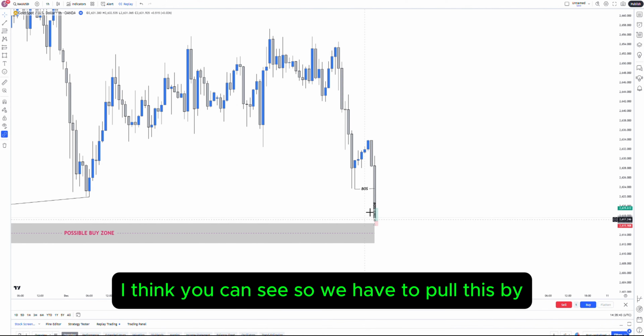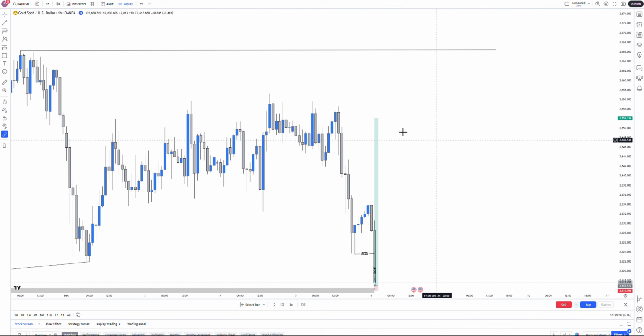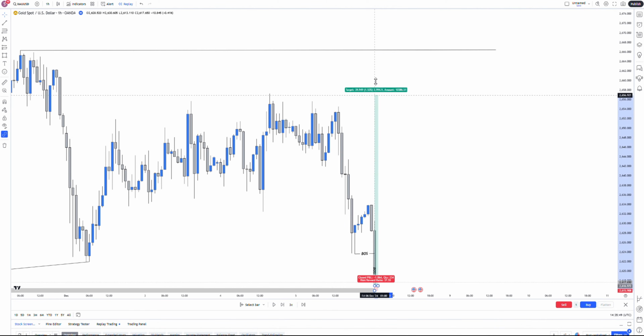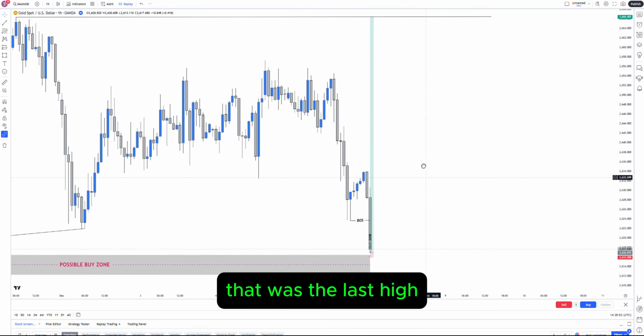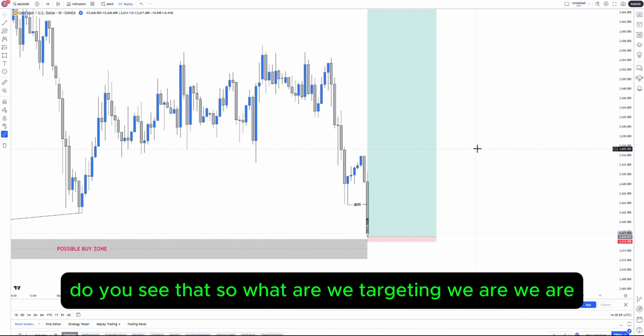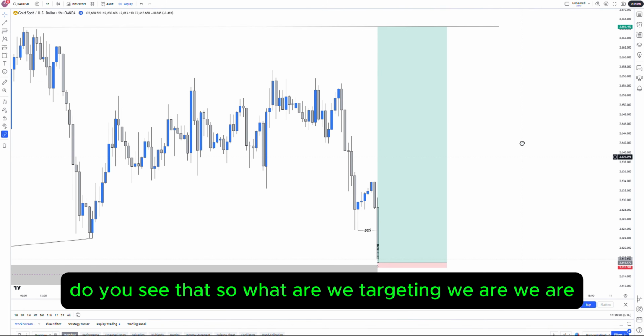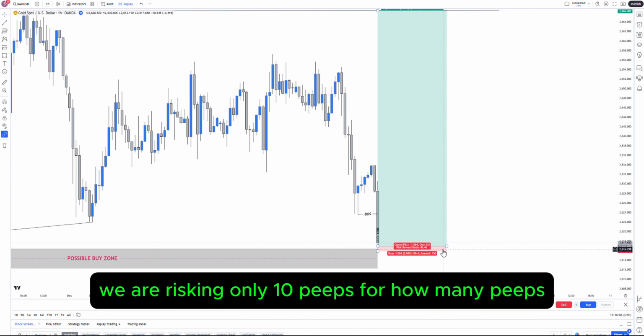So we have to pull this buy to our last high. That was the last high. You see that? So what are we targeting? We are risking only 10 pips.